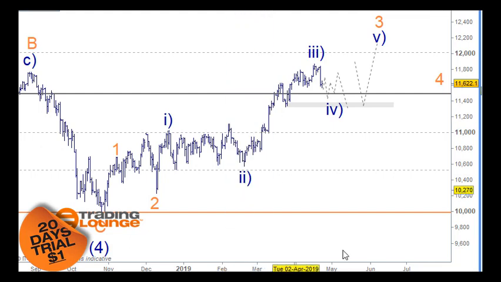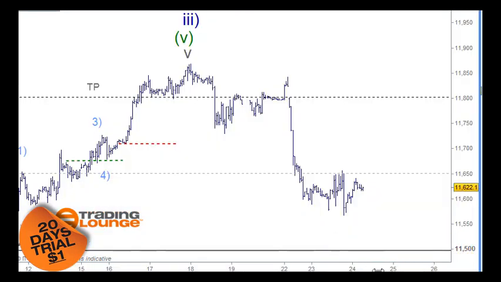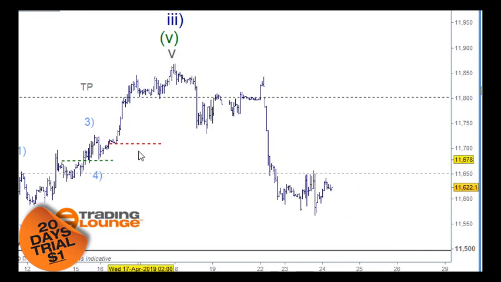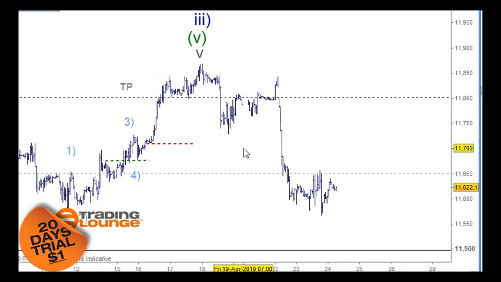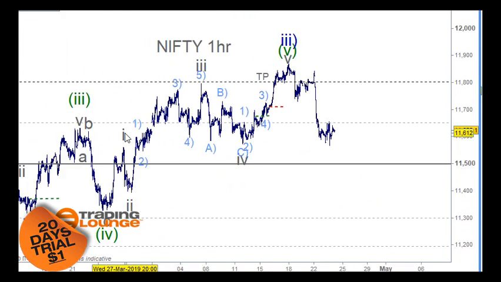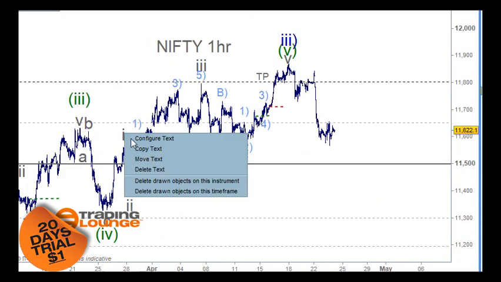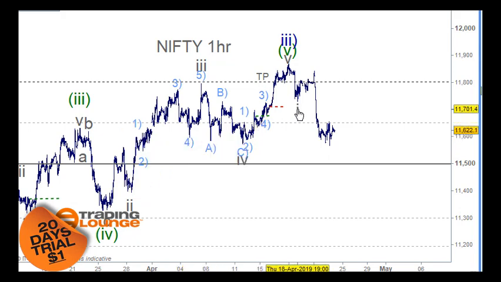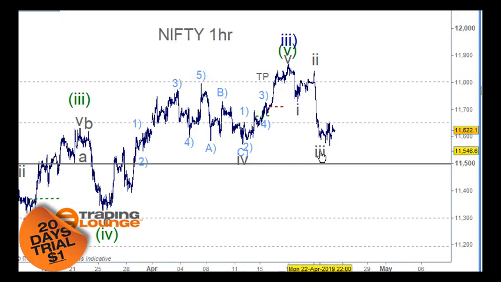I'll go back to the hourly chart here for a moment and just look at this here. Well, we might have 5. I mean, obviously we've got 1 and 2 and 3 and 4 and 5 down here, and then we've got some sort of ABC pulling back up to supply level. So we do have waves 1 and 2. We need a little ABC here for this.